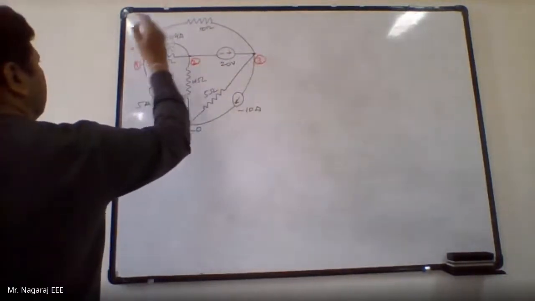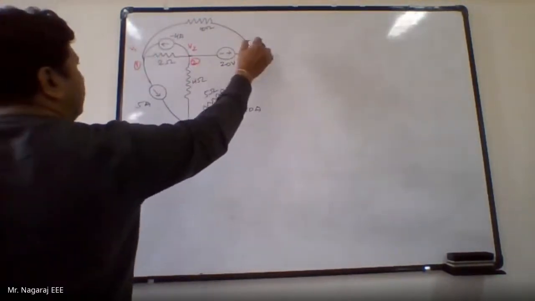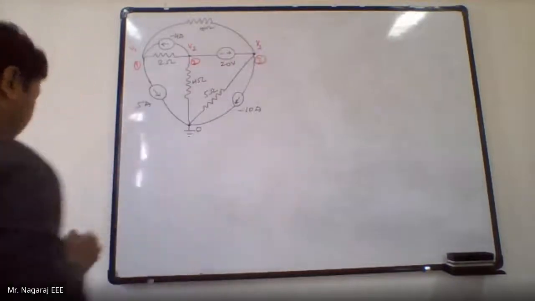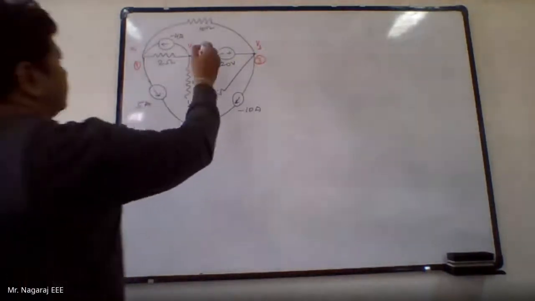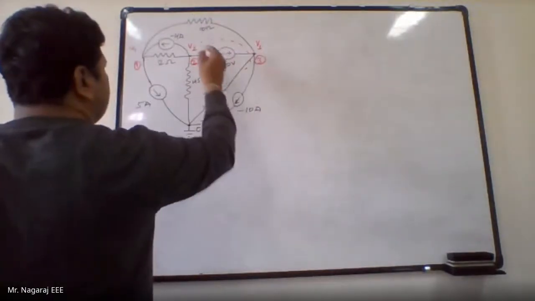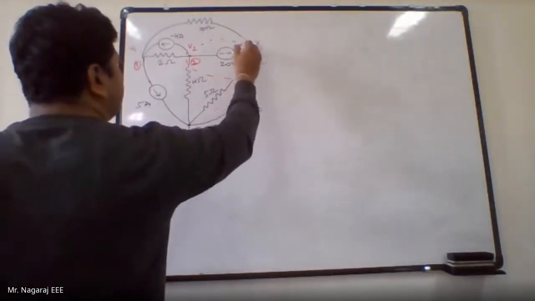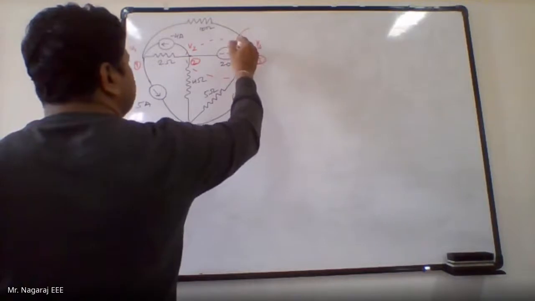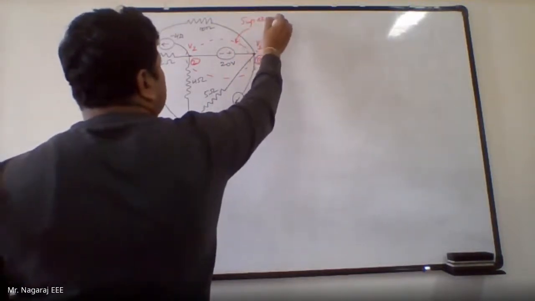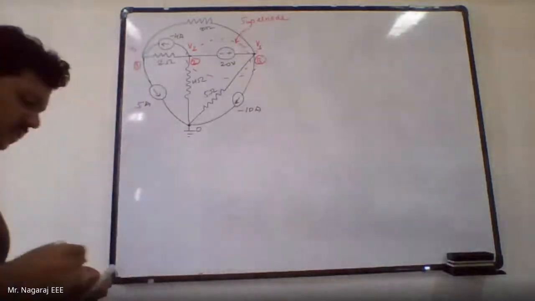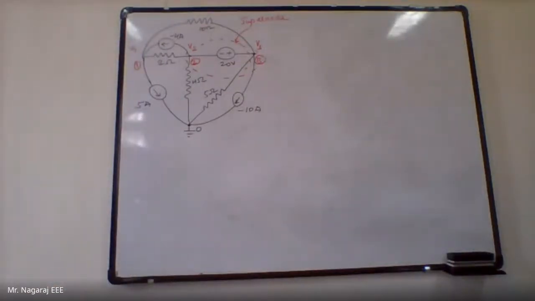So let it be V1, V2 and V3, and we have observed here that there is a voltage source in between node 2 and node 3. So I will define this as supernode. Fine. Now I have to write the KCL equations for each node.